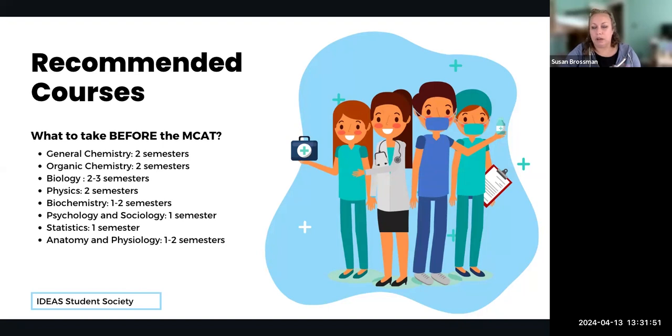Though I know on the pre-health track at ASU, Anatomy and Phys is not one of our required classes, but you can always speak with pre-health advising and they can help you with selecting your classes and prepping for the MCAT, of what's going to help you the most.